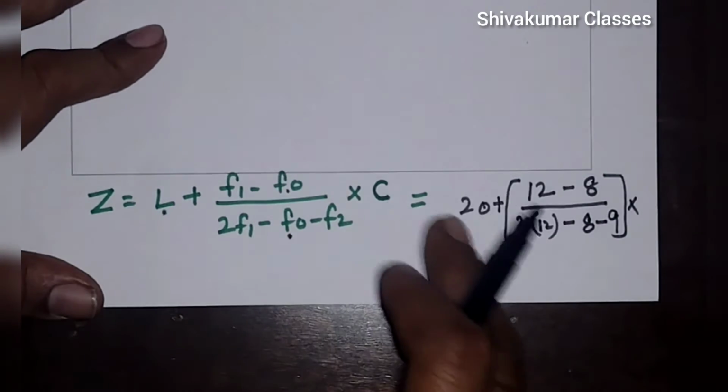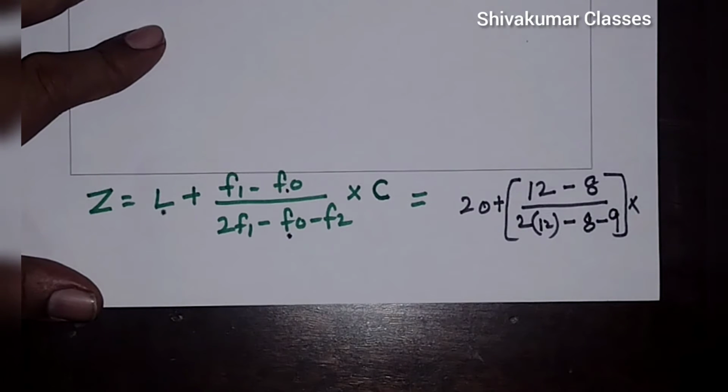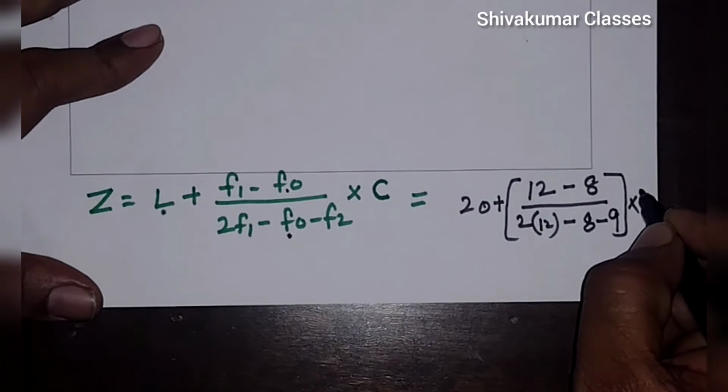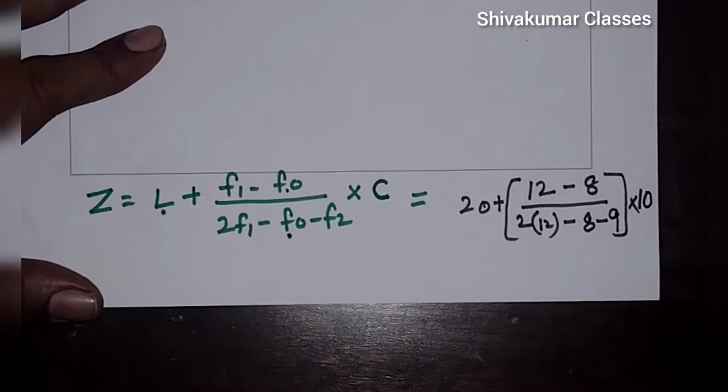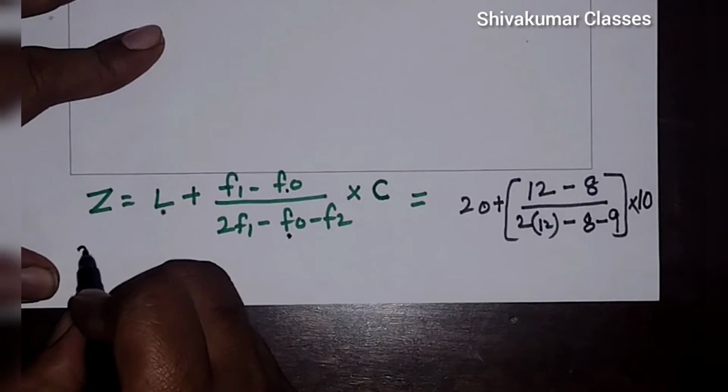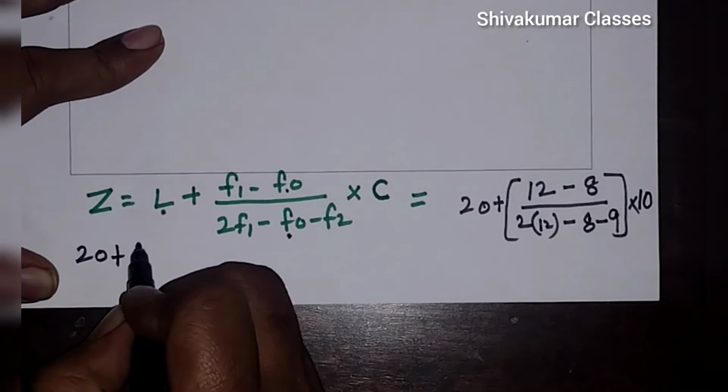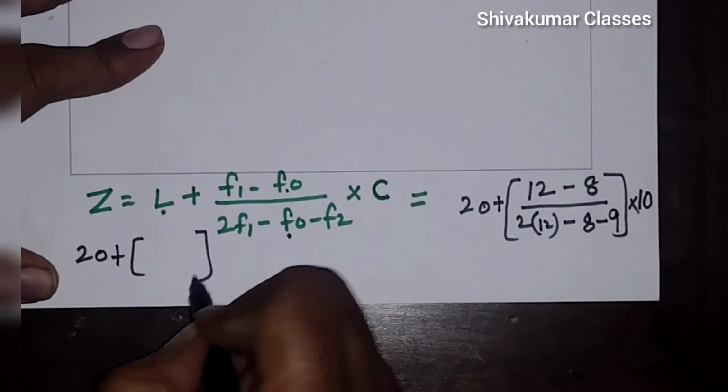Width means 0 dash 10, 10 dash 20, 20 dash 30, so the difference is 10. Yes. Now we are going to work it out with the appropriate calculation.